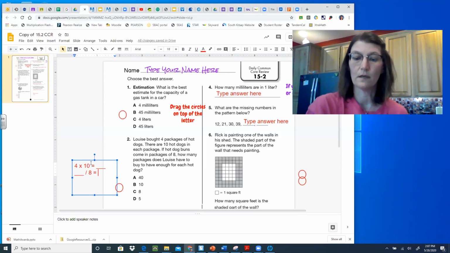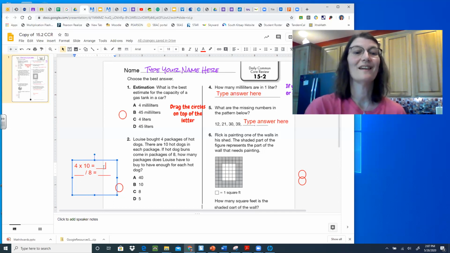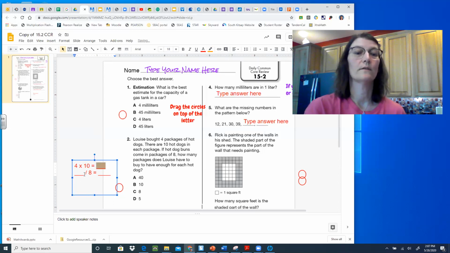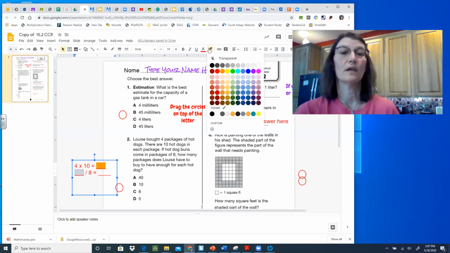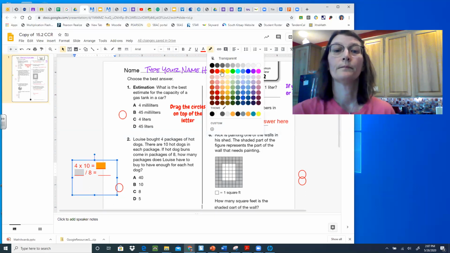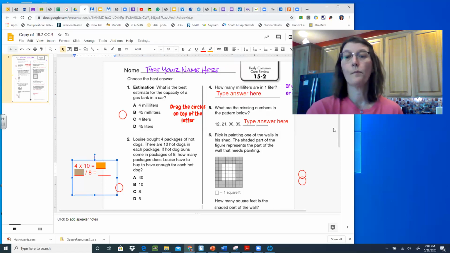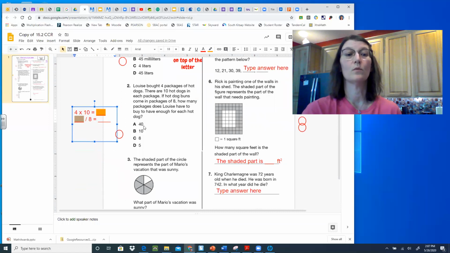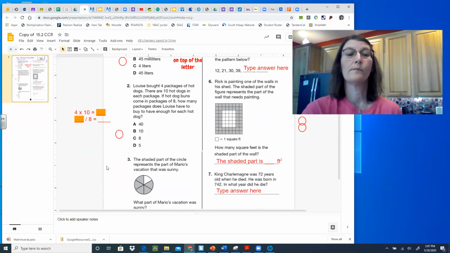Where'd my underline thing go? There we go. So whatever you get here also wants to go right here. So you're using that number again. Okay. And it will be one of these when you're done.